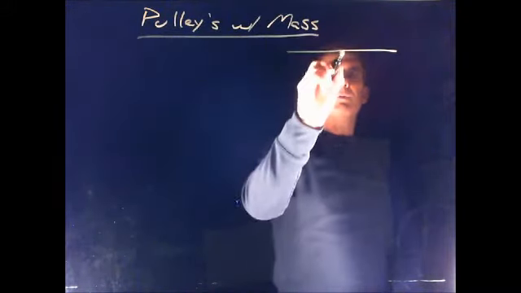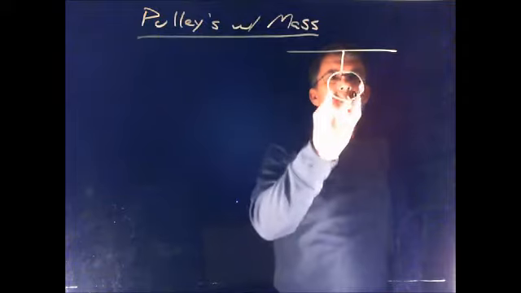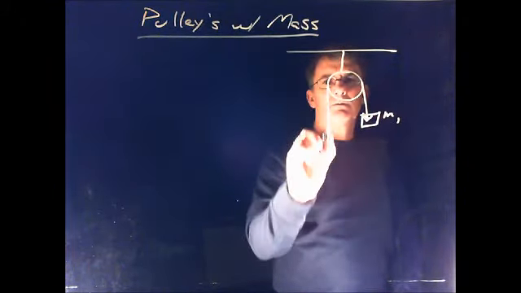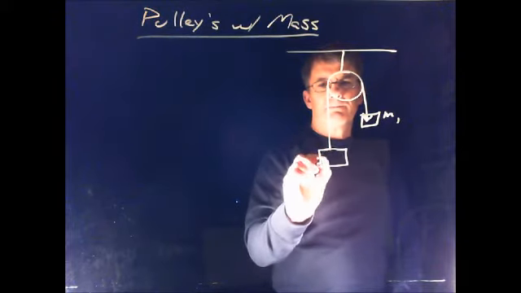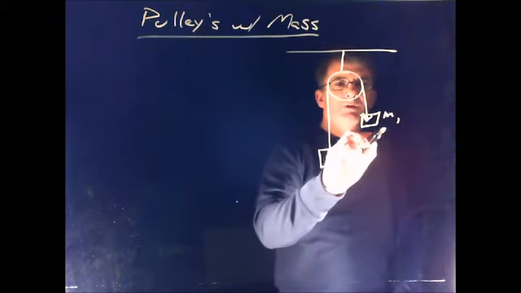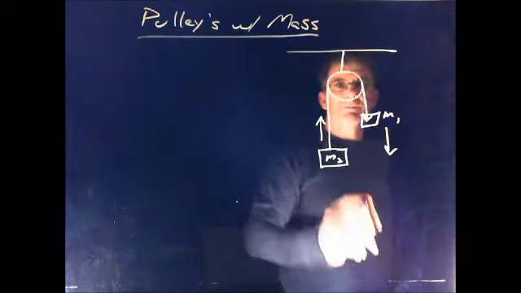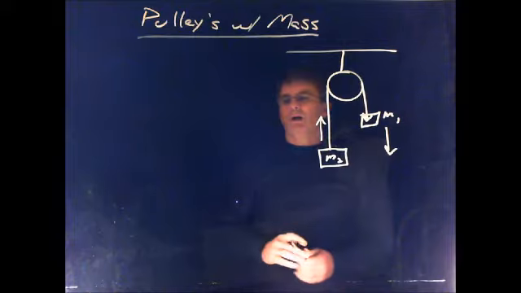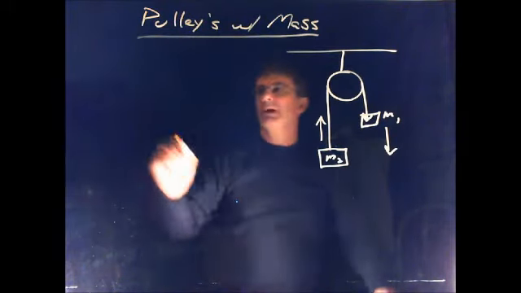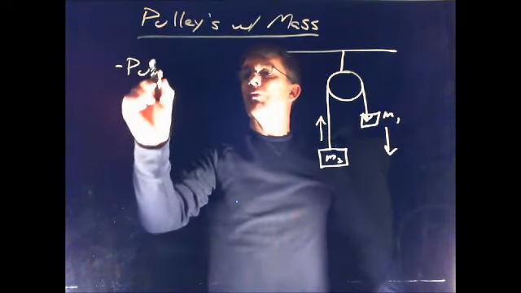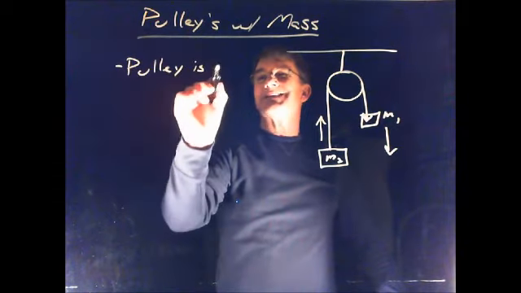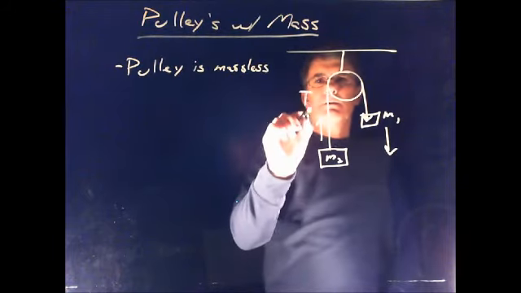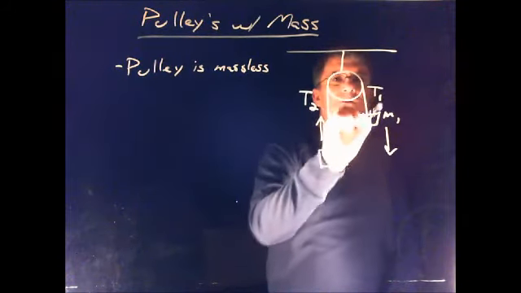We have a pulley with two masses, M1, M2. M1 falls, M2 goes up. And kind of go back and remind them that when the pulley is massless, I'm going to call that T2 and I'm going to call that T1.